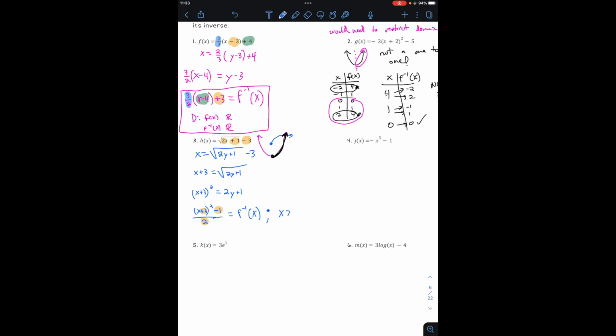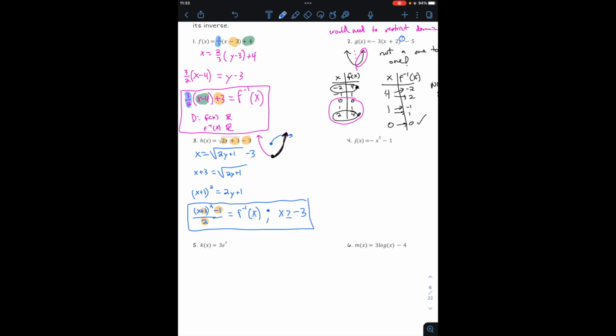So x is greater than or equal to, and I'm going to use the x coordinate of the vertex, which is -3, and that's going to get me my correct domain restriction. Okay, so something to keep in mind with these even powers, quadratics, fourth powers, and then their inverses, the square roots or fourth roots or whatever, it's pretty important to think about these things.